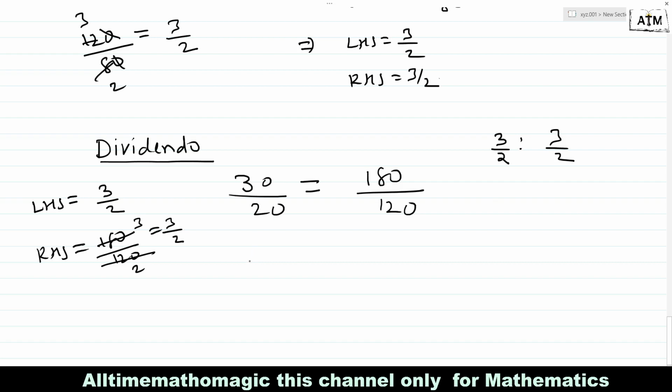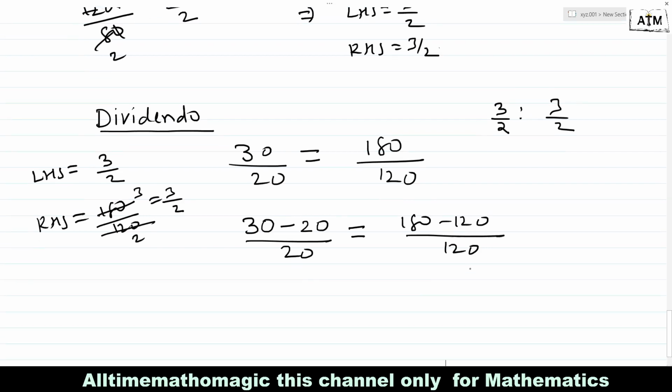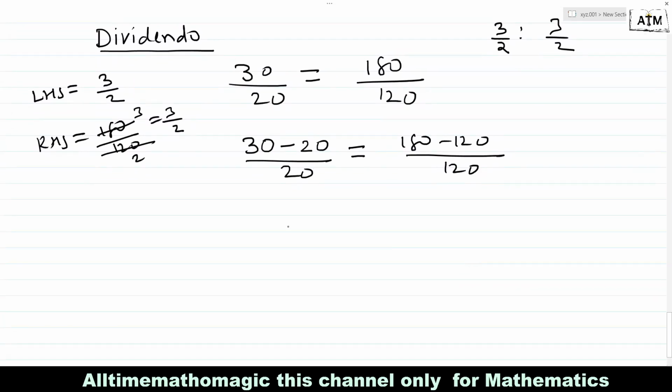Now what we do? We subtract the denominator from the numerator and write down the result in the numerator. That is 30 minus 20 upon 20 equals 180 minus 120 upon 120. So 30 minus 20 equals 10 upon 20, and 180 minus 120 equals 60 upon 120.